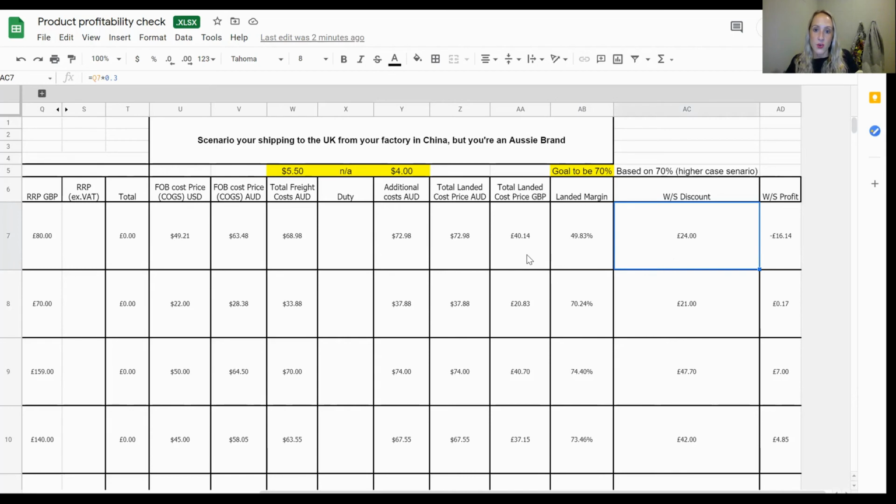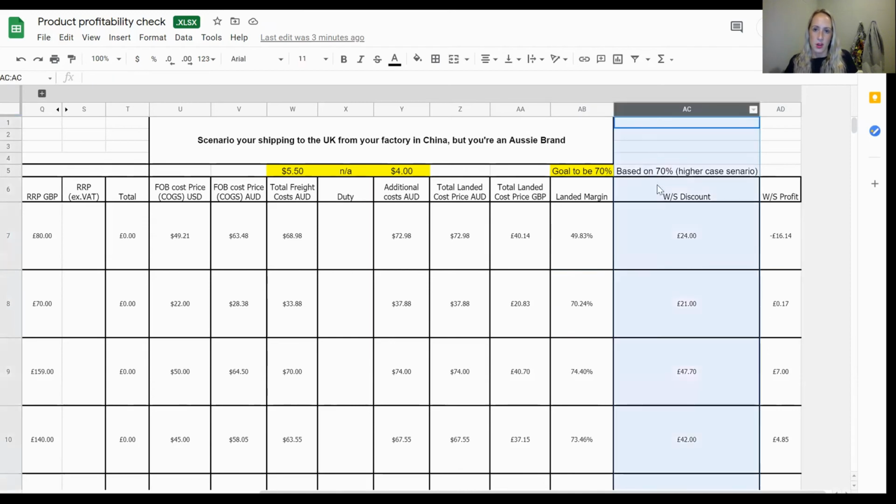Therefore, if your product cost you 40 to make and you only then sold it to Zalando in wholesale for 24, you've made a loss of £16. That's why you can see in the example below, when you achieve a landed margin of 70, with the exact same calculation, you take off a wholesale margin, you would then be just marginally profitable.